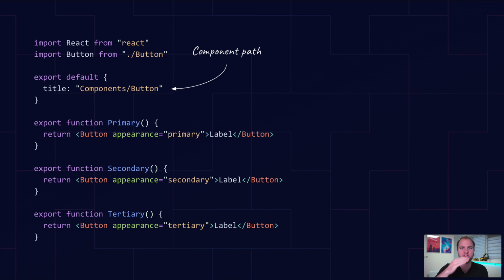So you can create a tree structure in Storybook, and you do that by separating a path with slashes. And then you have, in this case, 3 stories. Notice that, by the way, this is just a JavaScript module file, right? It has some imports, some exports, and that's it.